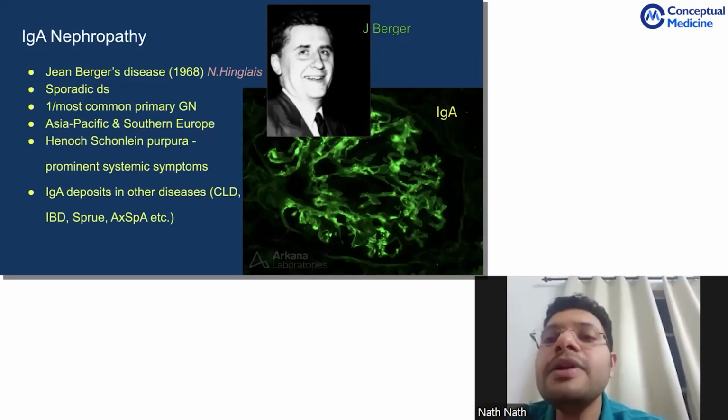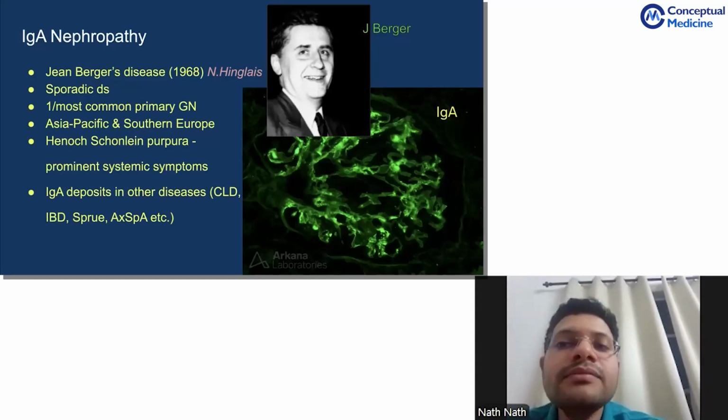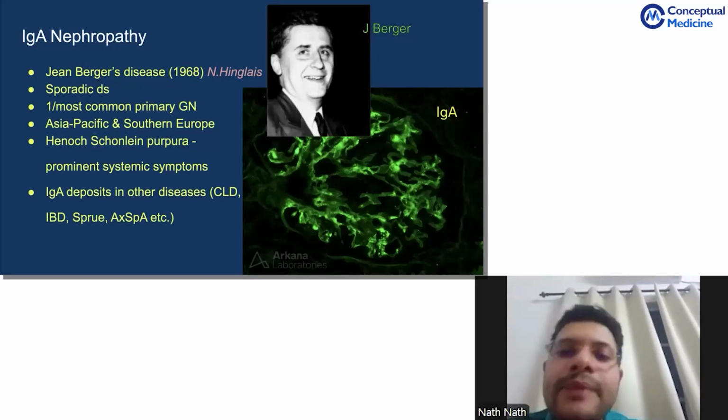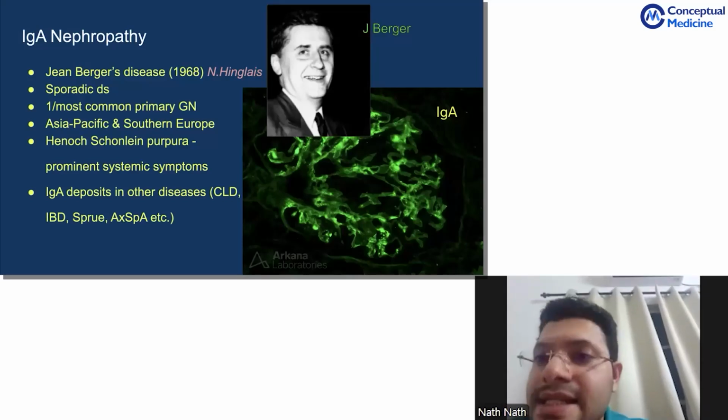So there is a palpable purpura. That's where the name comes from. So you have a triad of palpable purpura, bone pains, and colicky abdominal pain. That's your Henoch-Schonlein Purpura.